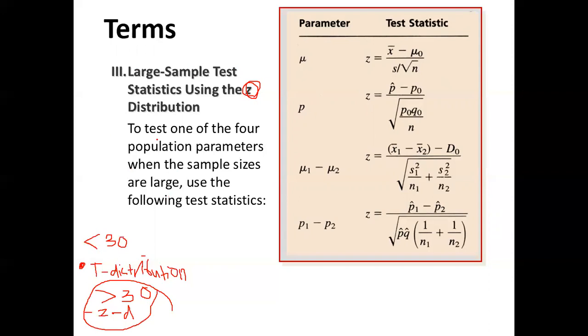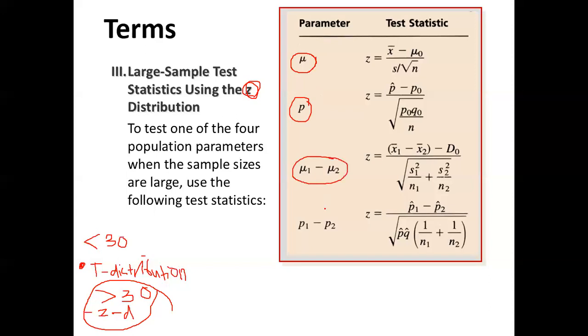So to test one of four population parameters when the sample size is large, we are going to use these four formulas. The first one is mu for the single mean. The second is the single proportion. The third is the difference between the two means.